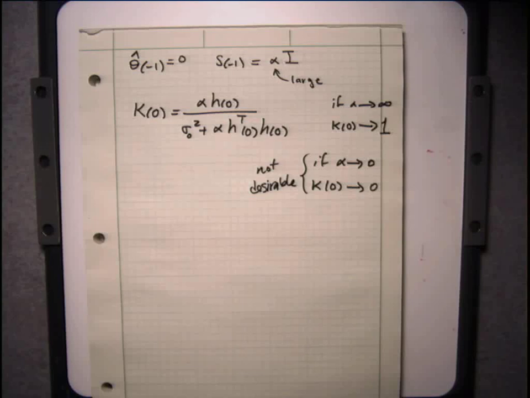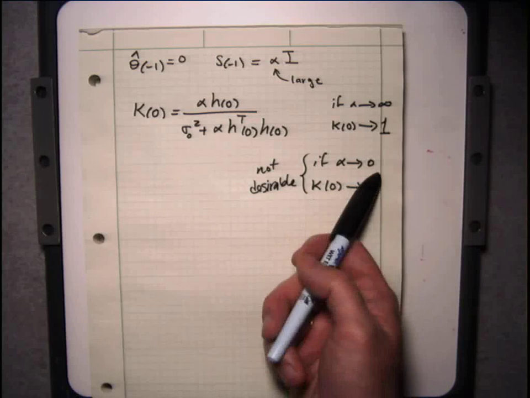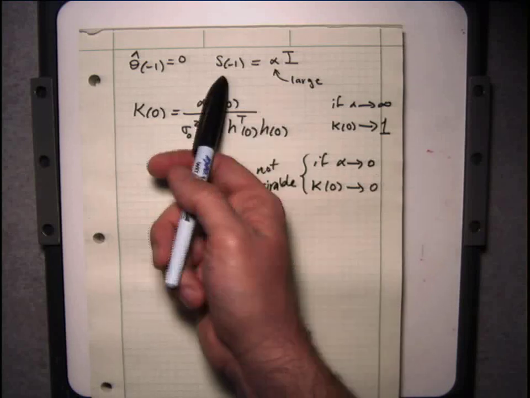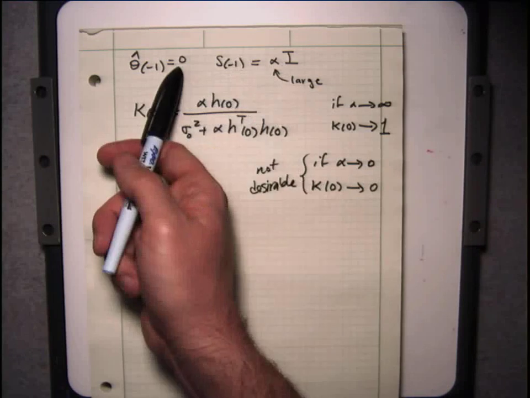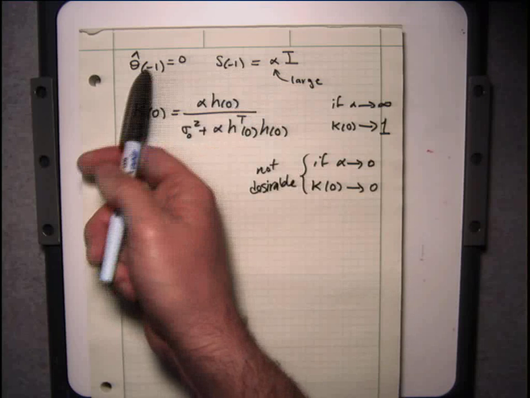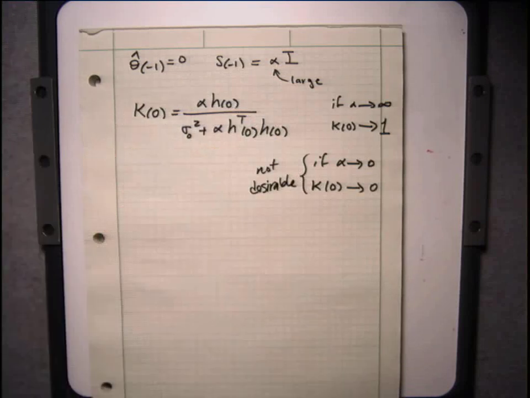In other words, it no longer will take into account the next data point that you give it. Why? Because you've set alpha to be so small in here. What does that mean? It means you have a huge amount of confidence in the starting guess that you gave it. And if you have a huge amount of confidence, the filter will comply. It'll say, okay, well, I'll ignore the data. So this is what happens.